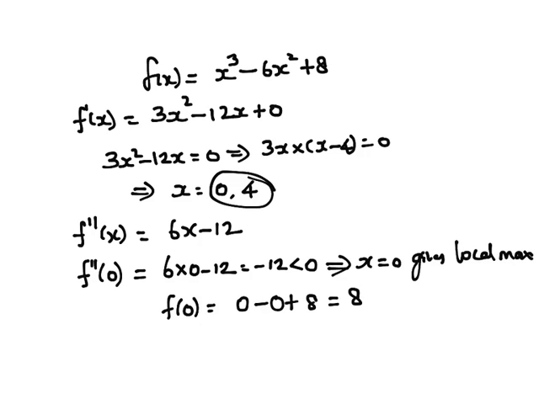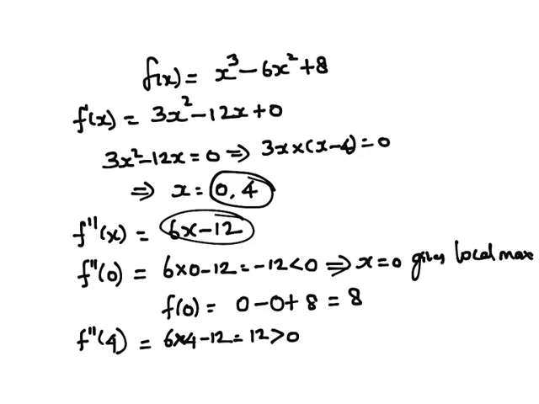Now let me substitute the second stationary point in the second derivative, f double dash of 4, which is 6 into 4 minus 12, which is 12, so positive, which means x equal to 4 gives me a local minimum, right? To find the local minimum value, I'll substitute the 4 in the original function.